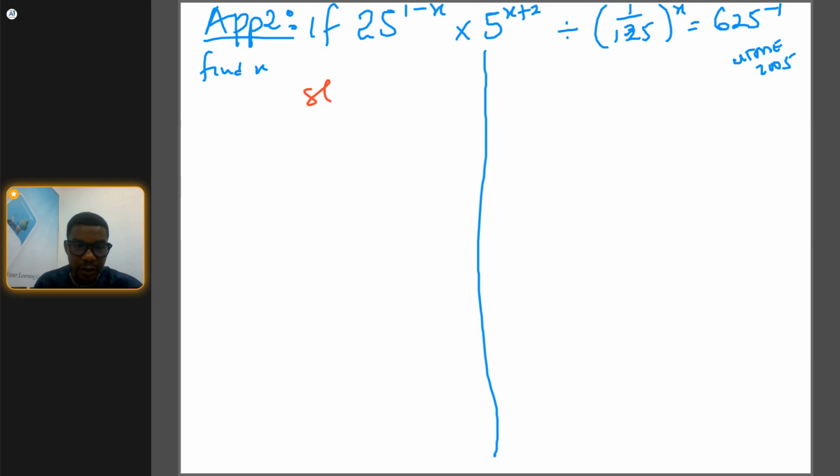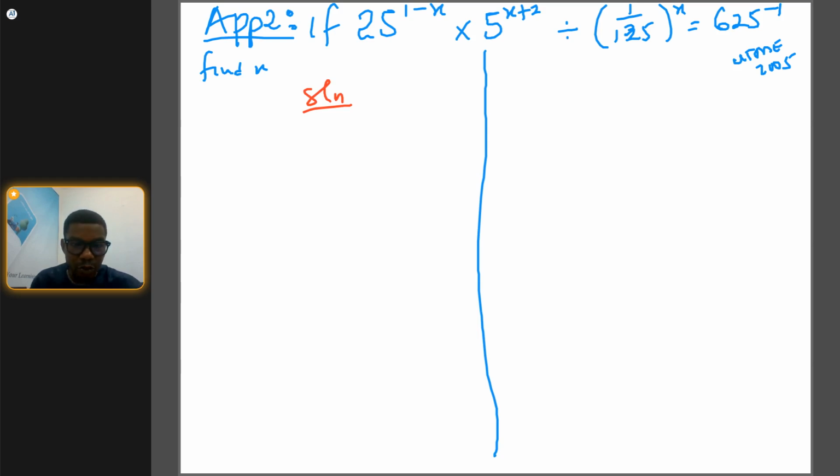Follow attentively. Okay, so when you look at this, the first thing that should come to your mind is that all these numbers, 25, 5, 125, 625, they are multiples of what? 5. They are all multiples of 5. So that means we are expected to make use of 5 as the base. The least base should be 5.